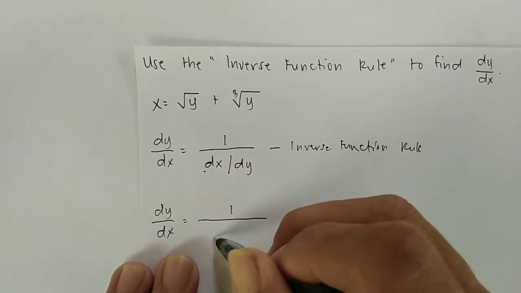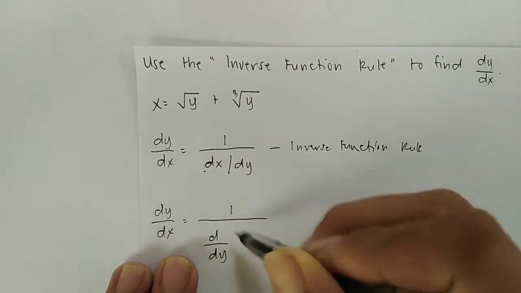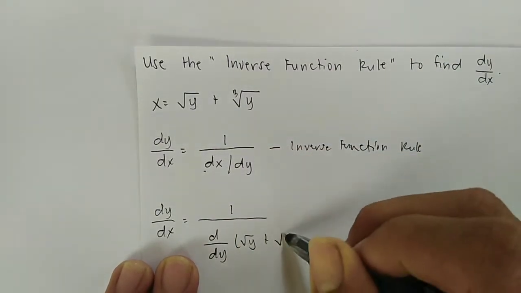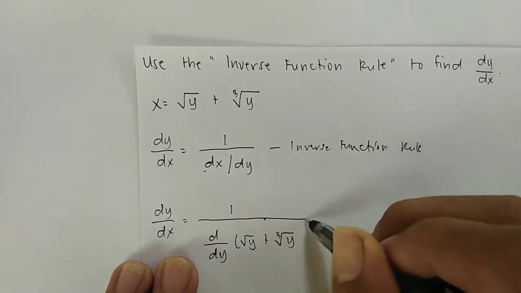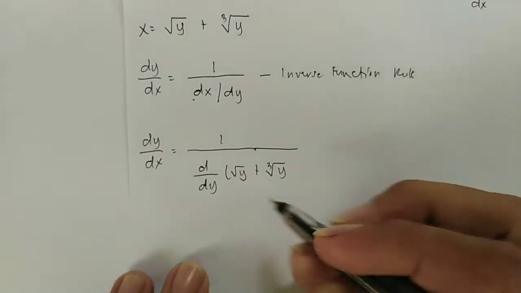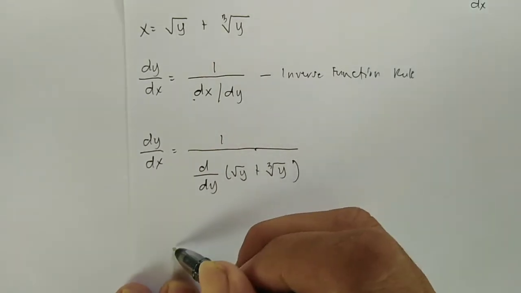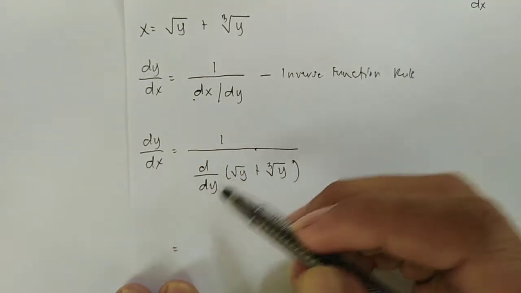So, yan ay derivative ng x natin na square root of y plus cube root of y. Pagkatapos, kunin natin yung derivative ng function. Ngayon, distribute muna natin yung notation ng derivative.